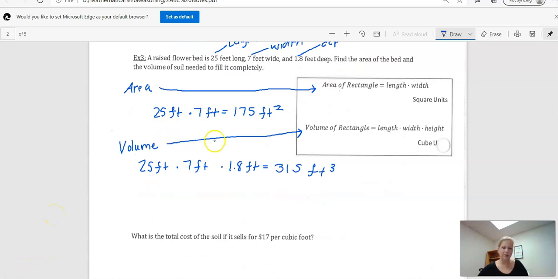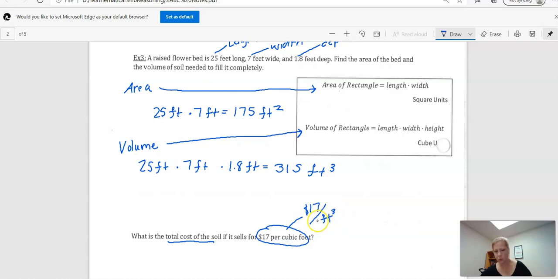Okay, and it says, what is the total cost of the soil if it sells for $17 per cubic foot? So, right, this is a fraction. $17 per cubic foot, which is feet cubed.